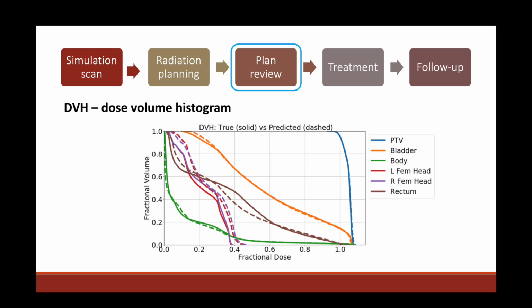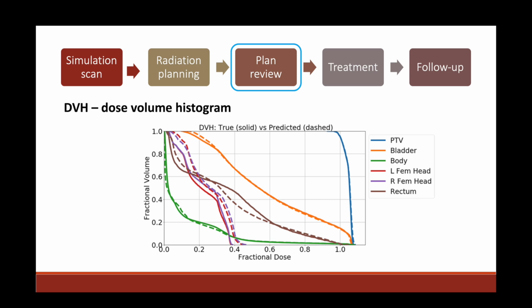However, we can also plot the different structures that we drew, the target volumes as well as the organs at risk, on what is known as a DVH, or a dose volume histogram. And basically, we're plotting the dose on the x-axis against the volume on the y-axis, and it tells us what volume of each organ is getting what dose.